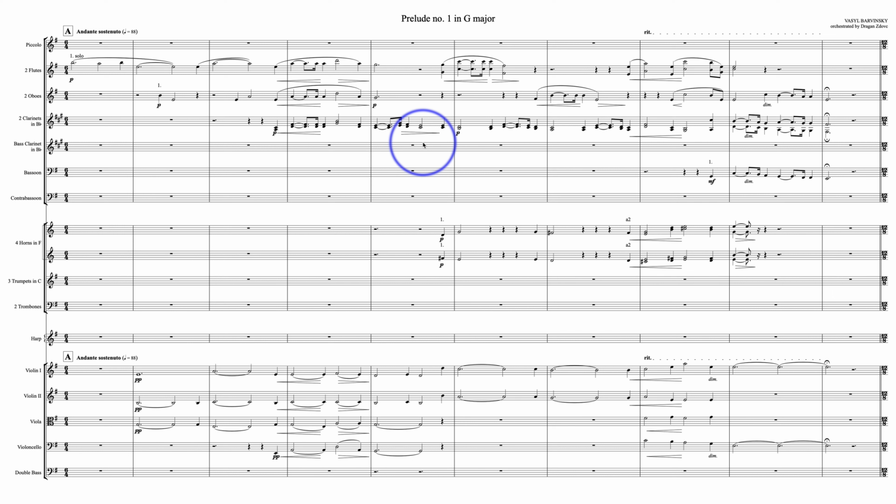But we will fix it all and look through all of the different things that you could possibly do to make this a little bit more cohesive, more playable, more ready to be put on the musician's stands at an orchestral rehearsal. Okay, Dragan?